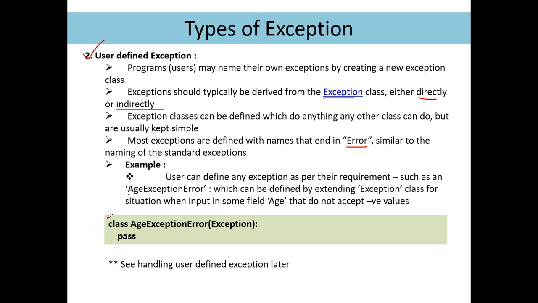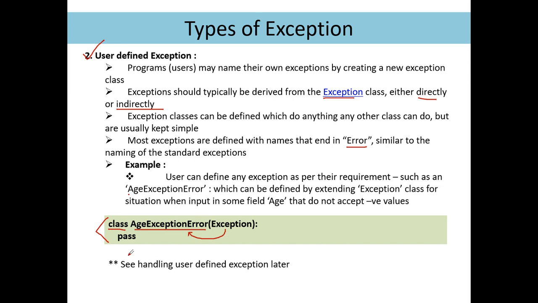Now, how can we define the age exception class? There are many ways, but you know how to define a subclass. This class, AgeExceptionError, I am giving the name, and we are making it a subclass of the Exception class. What is the Exception class? Exception is the root class, not the ultimate root, but a root class for all other exceptions.